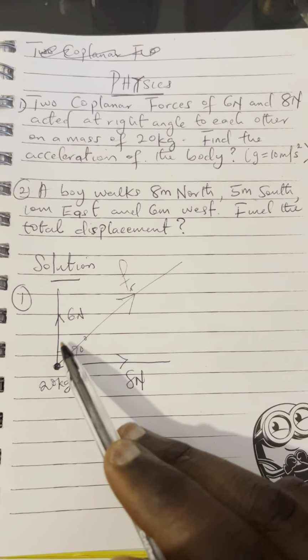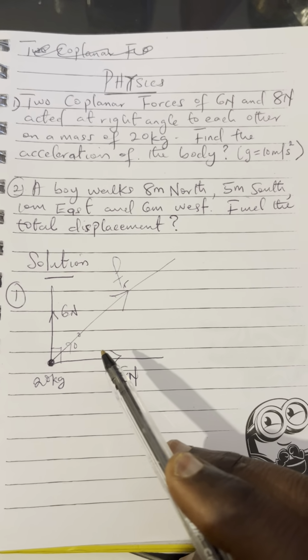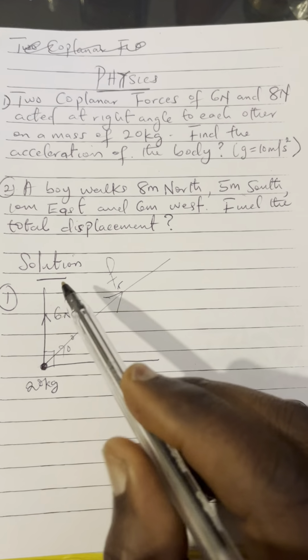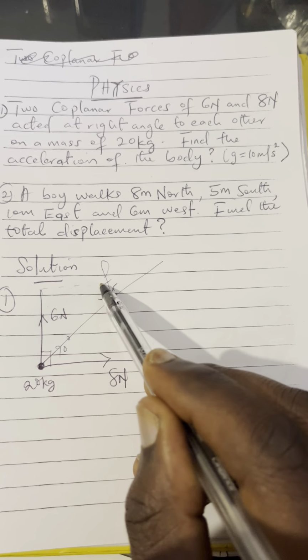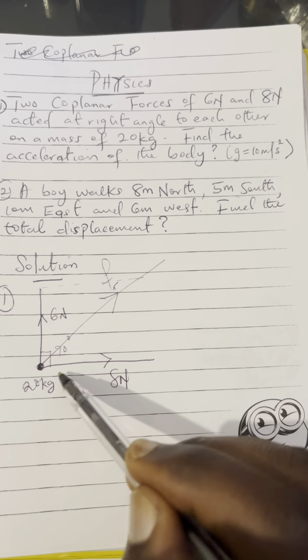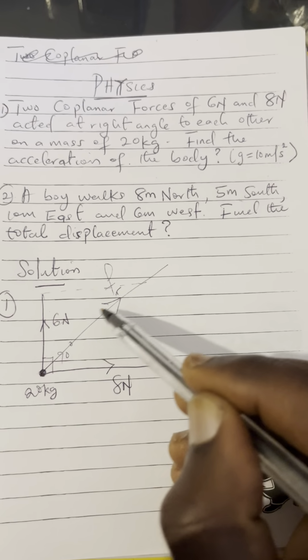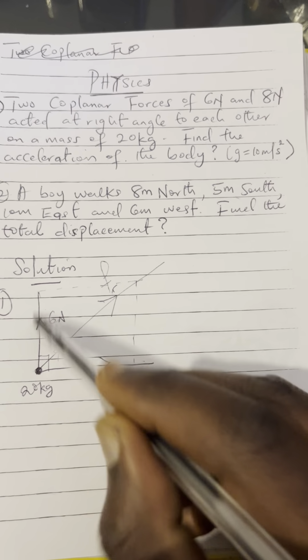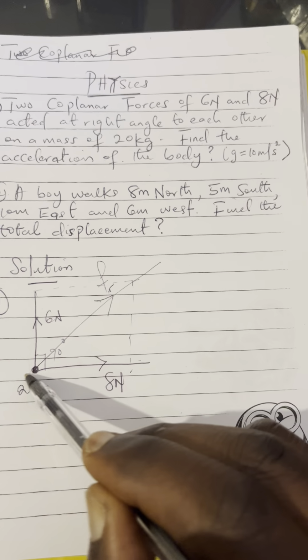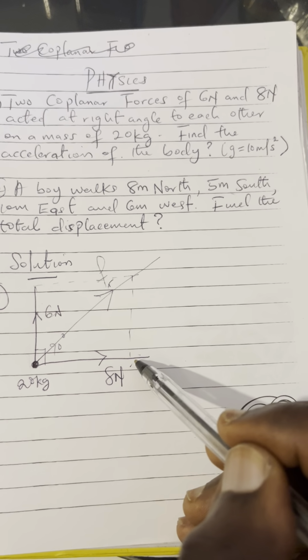And this is an arrangement of a right angle triangle, because by the time you construct a line here, which is parallel with this, and you construct a line here, which is parallel to this, you will see that we have made up a right angle triangle.